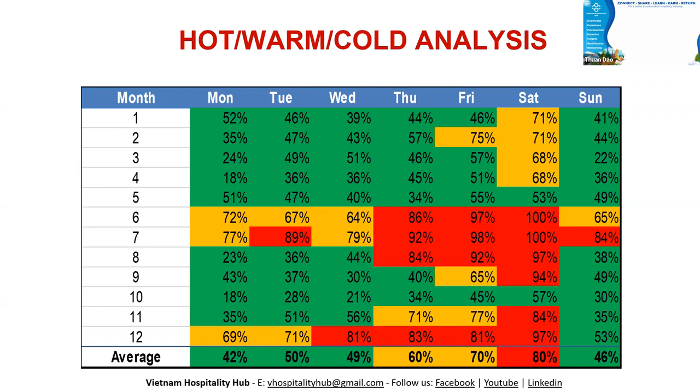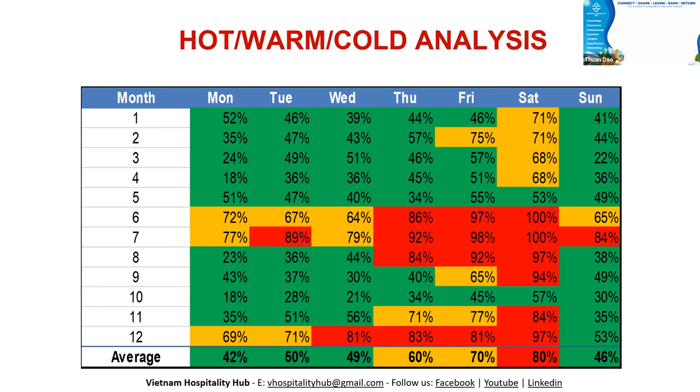All right, so by this analysis, I will look at it and I see, okay, January, February, March, April, we got high occupancy on the Saturday. You see it? On a Saturday, we always have high occupancy. And then we look at June, July, and August.